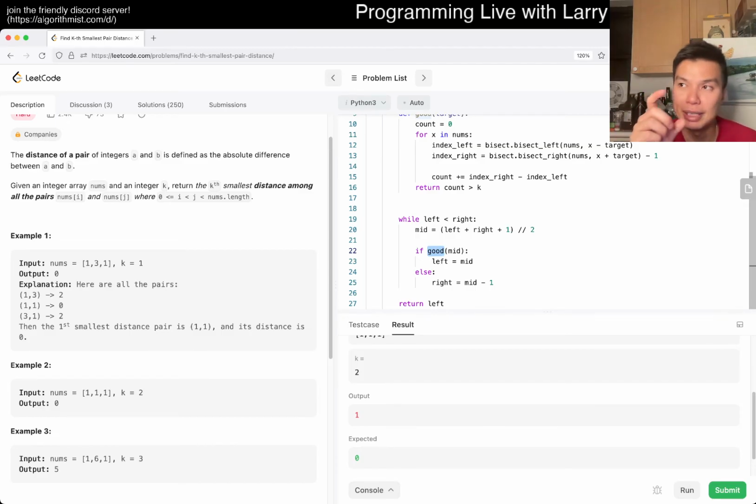So a good means that we have k or fewer. So we want a bigger number, right? Did I say that? Yeah. So we want a bigger number to hopefully get to the other side. But yeah, should be right. So maybe this part is wrong.